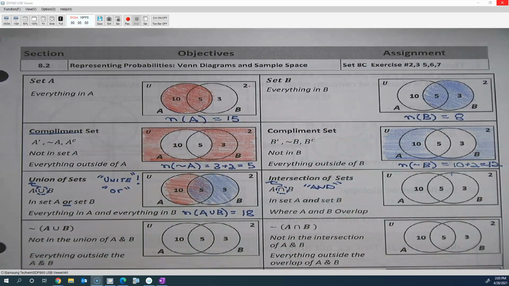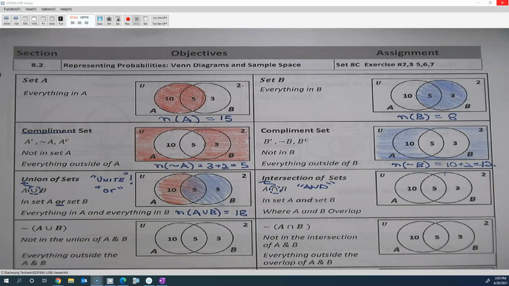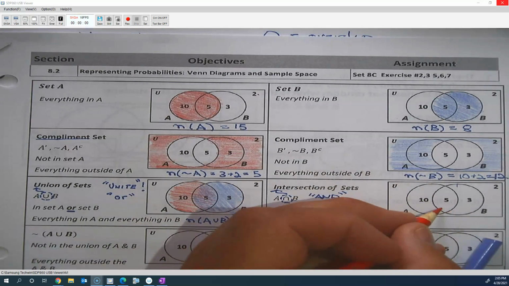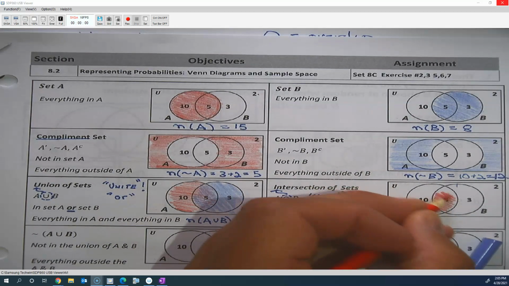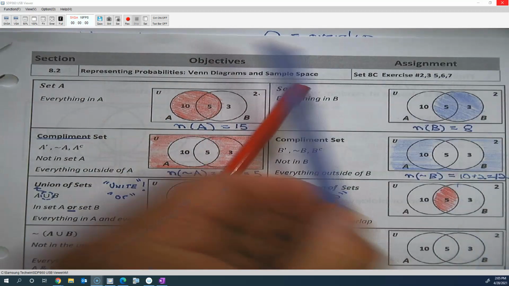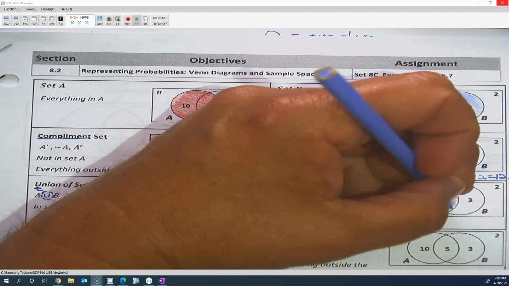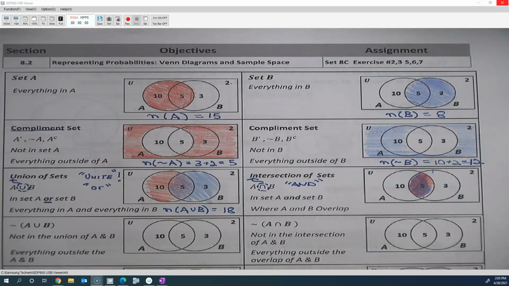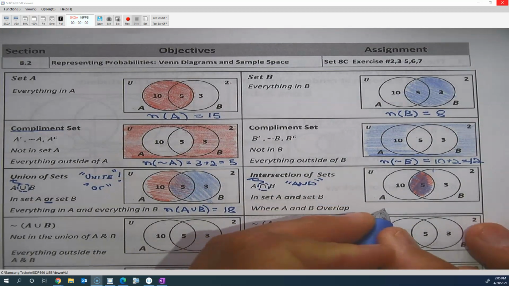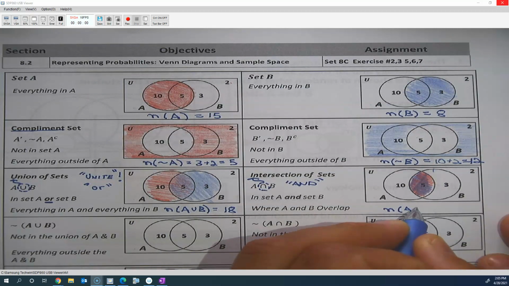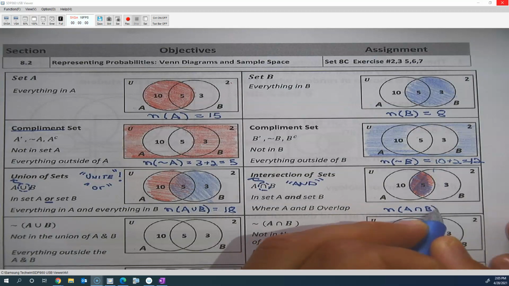So here are just the items that are in both, which is simply the intersection. It's in A, and it's also in B. And the number of elements there are going to be A and B.